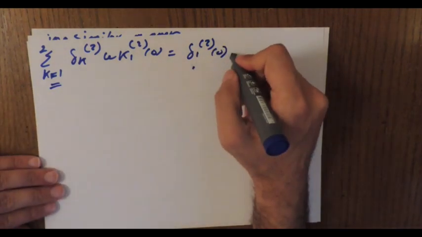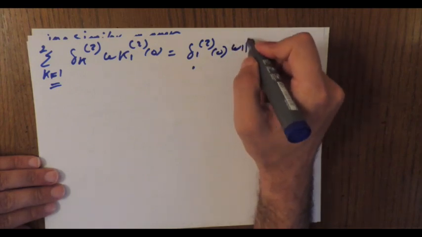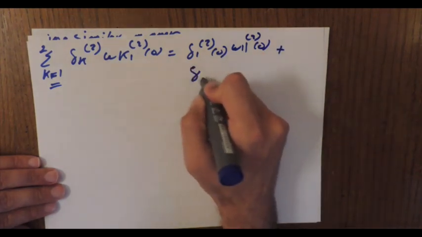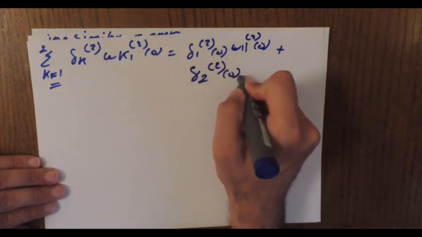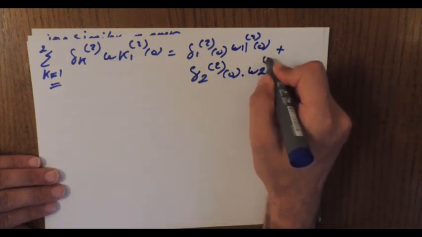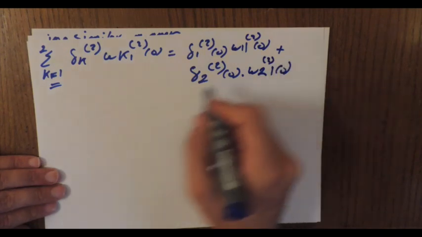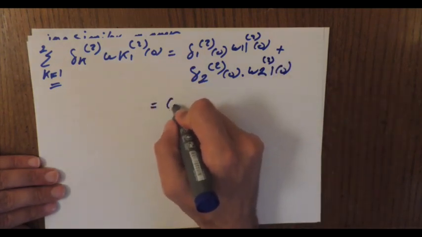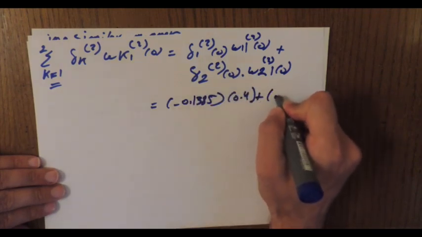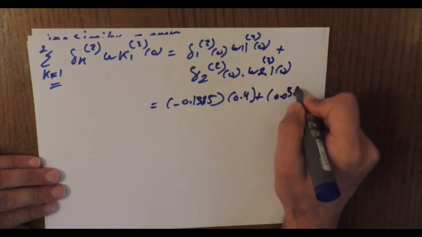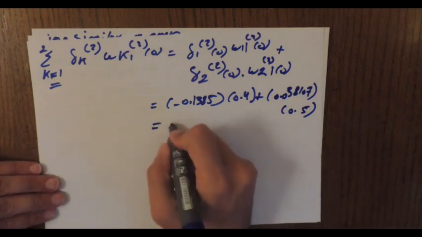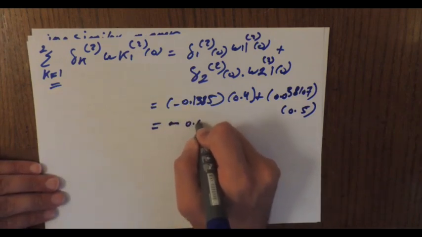Of 0 times w11 of 2, plus the second one times w21 of 2 of 0. This will be equal to minus 0.1385 times 0.4 plus 0.038107 times 0.5.